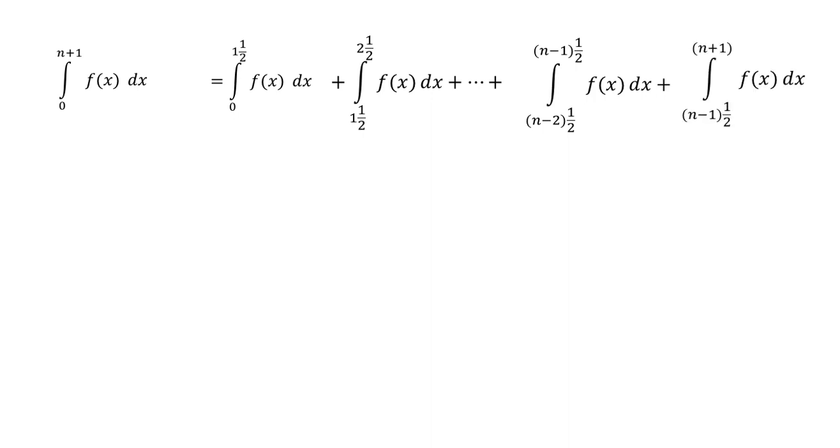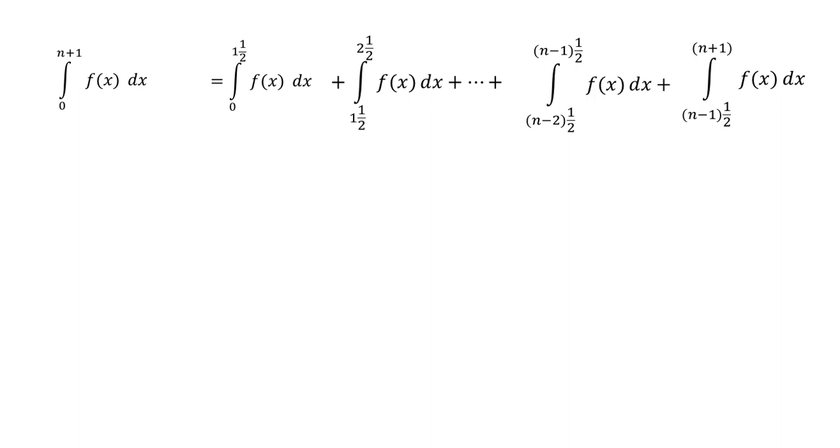Note that we have in total n integrals, since we have divided the interval from 0 to n+1 into n subintervals. You can go back and compare with the case where n is 10.